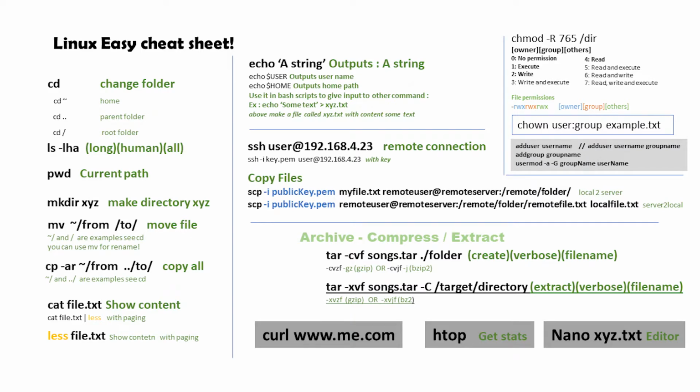From your cheat sheet, let's take mkdir that makes a directory and the echo command that not only outputs a string, but also you can make a new file containing some string with that.